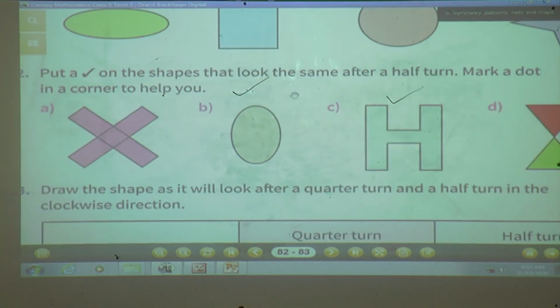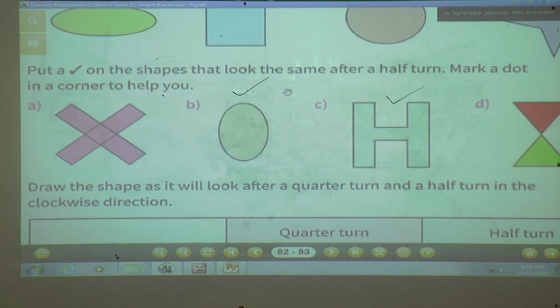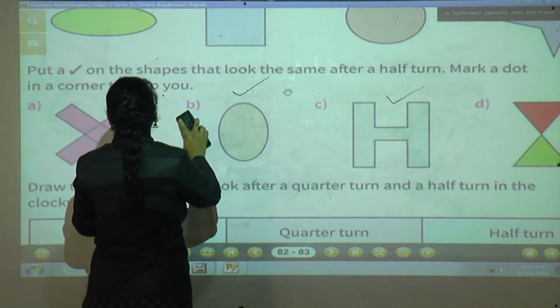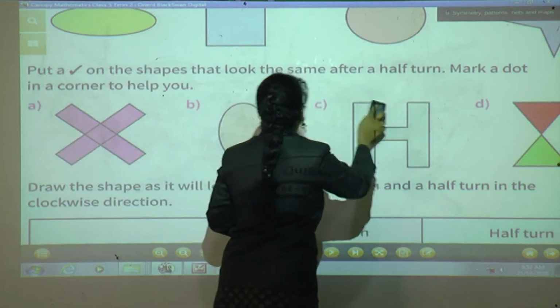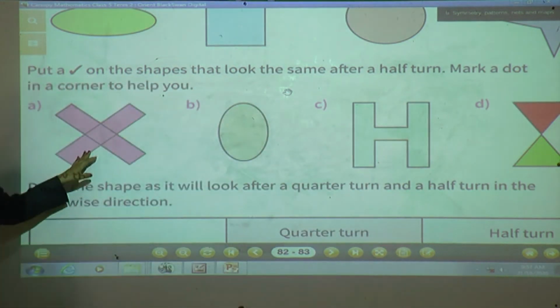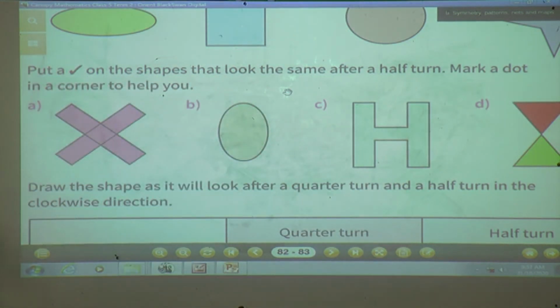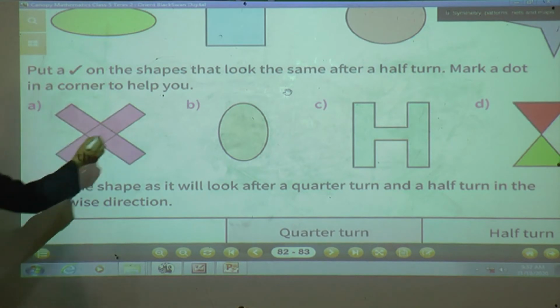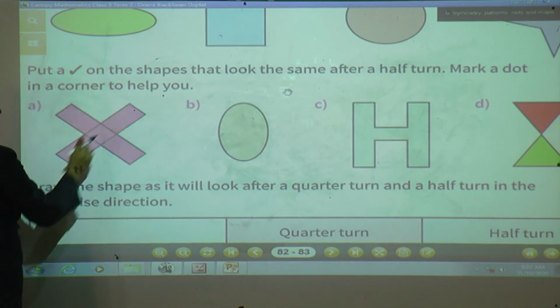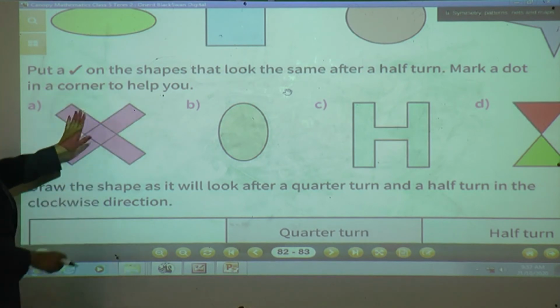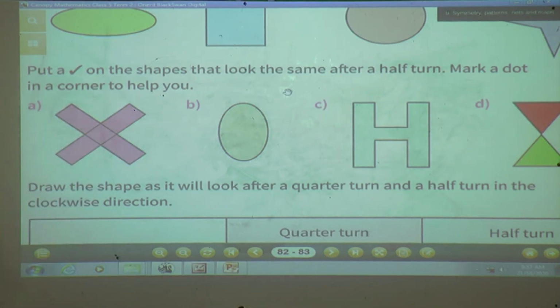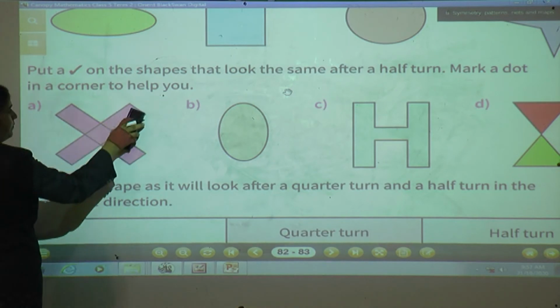put a tick on the shapes that look the same after a half turn and mark a dot in a corner to help you. See students, here if I put a dot in here, when we turn this figure here in a half turn, it will look the same.